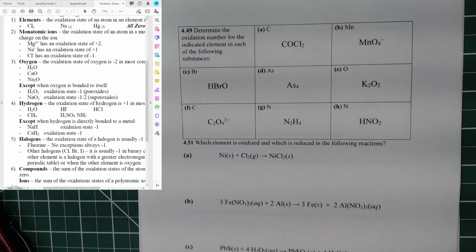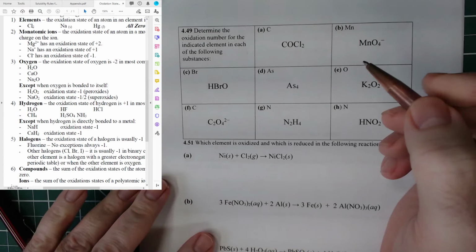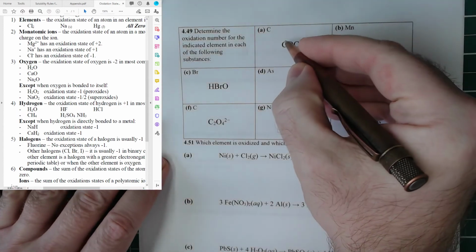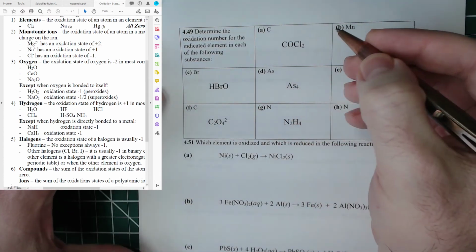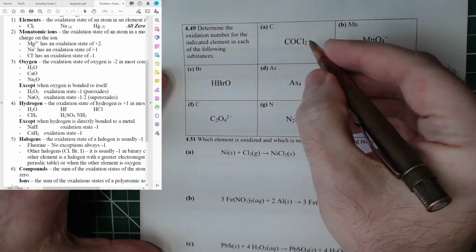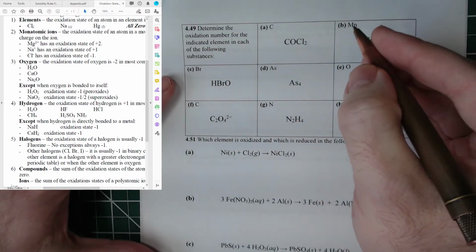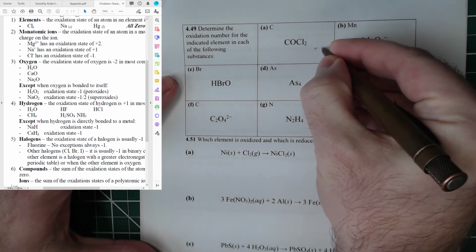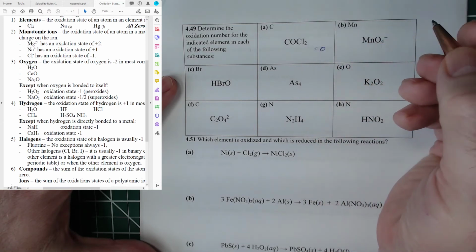So here we've got this neutral compound, COCl2. Turns out this is a covalently bonded compound. This is not ionic.